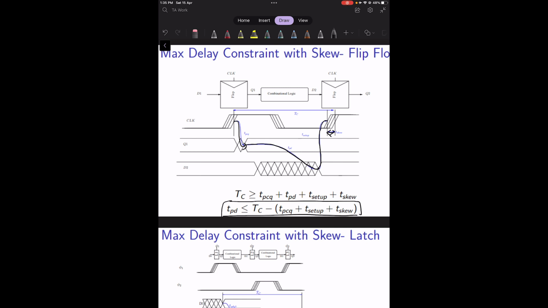So the idea is if you add up TPCQ, this TPD, this T setup, and your T skew, you should finally end up with TC.